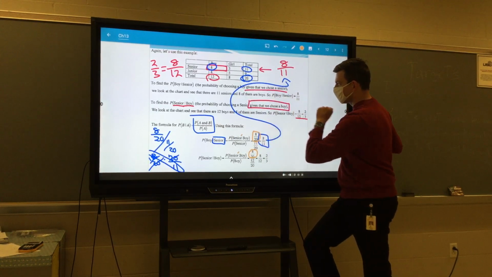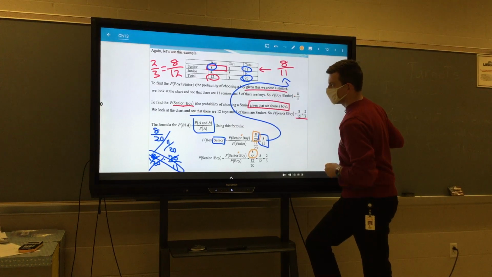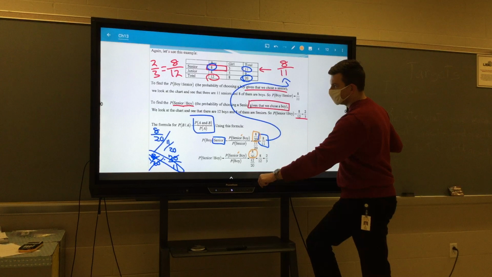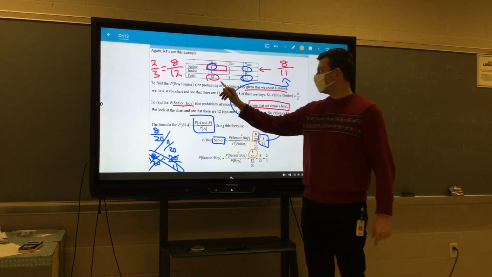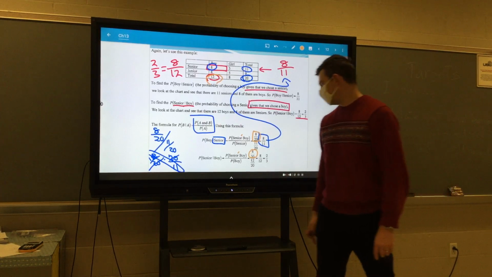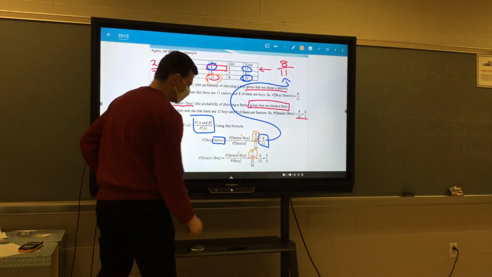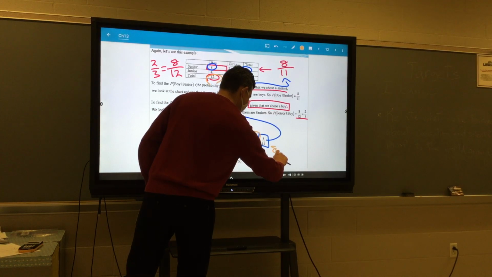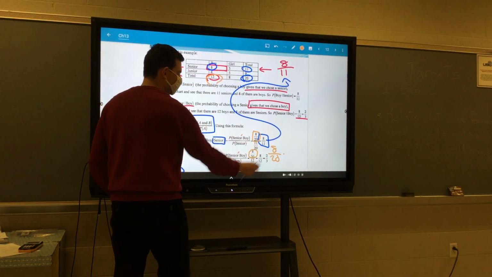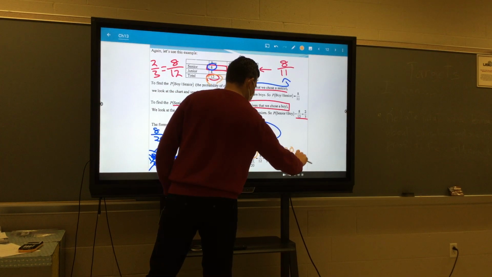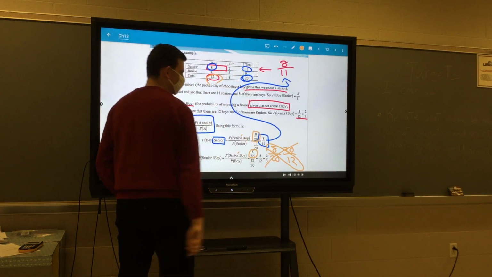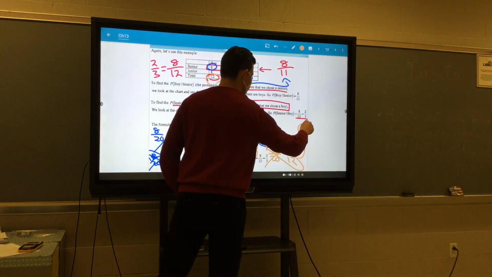Before, the condition was the probability of a senior, 11 out of 20. Here, it's the probability of a boy. There were 12 boys out of the 20 students in the class, so 12 out of 20. So 8 divided by 20, divided by 12 out of 20, or as I said, multiplication by the reciprocal, gone. 8 over 12, which reduces to 2/3.